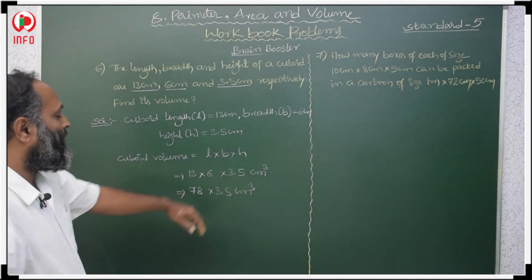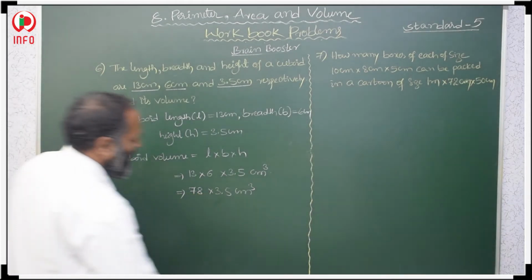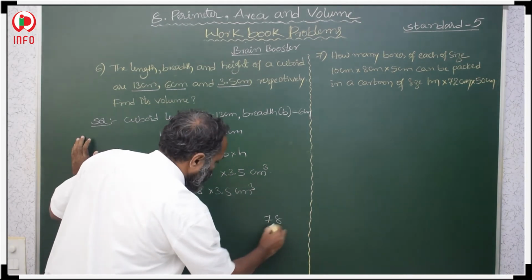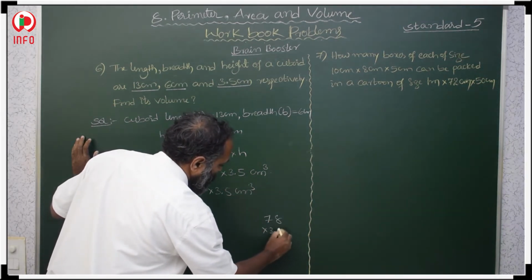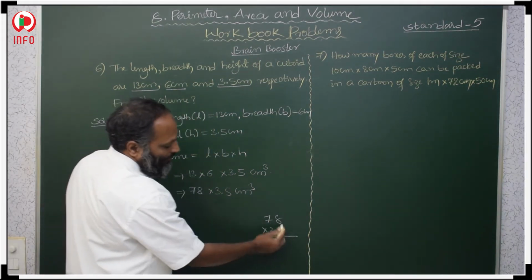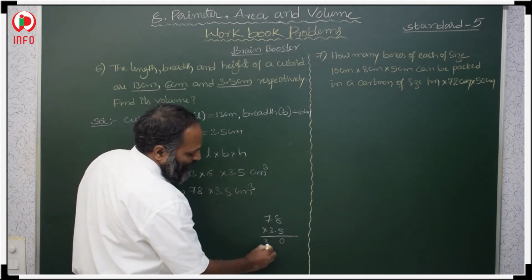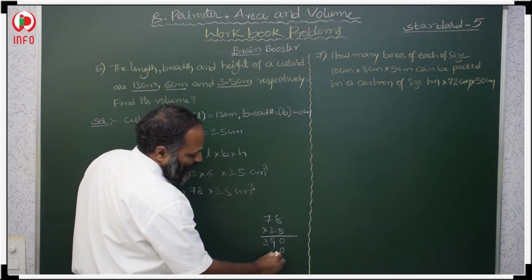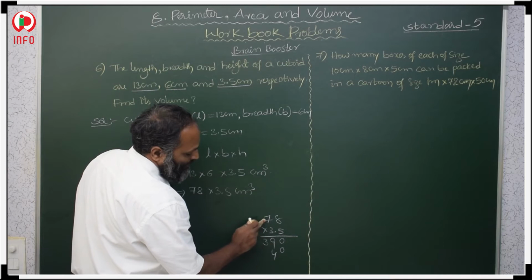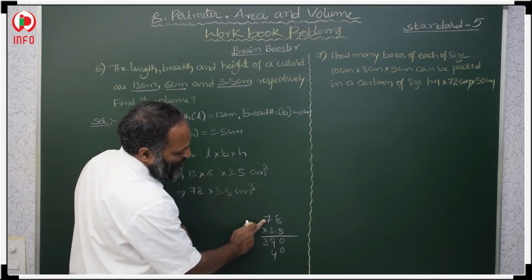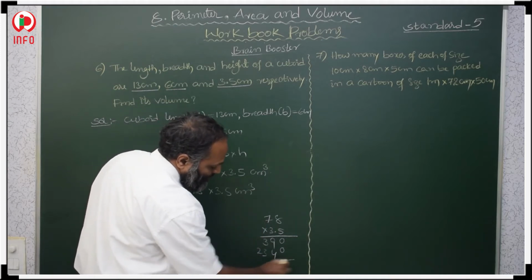Now 78 we have to multiply with 3.5. 5 eights are 40 and 4. 5 sevens are 35 plus 4, 39. Then 0 here. 3 eights are 24. 3 sevens are 21, 23.